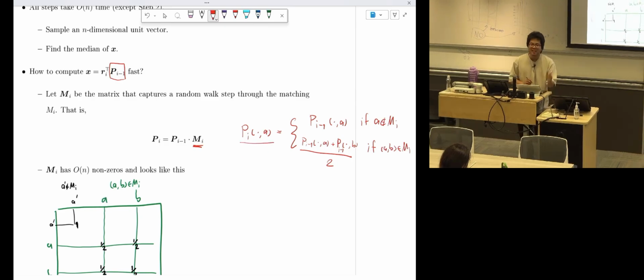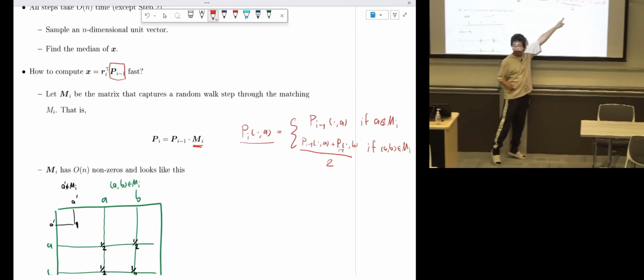This is how you define pi_i from pi_{i-1}.